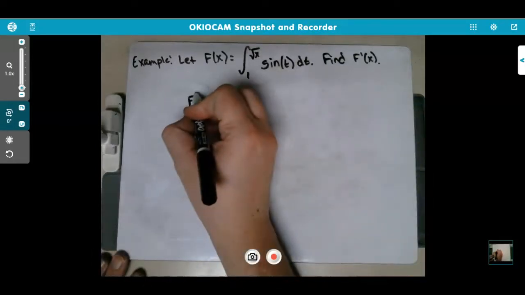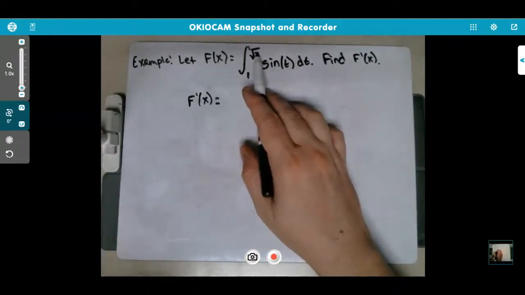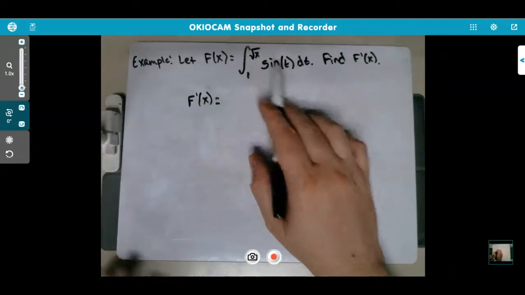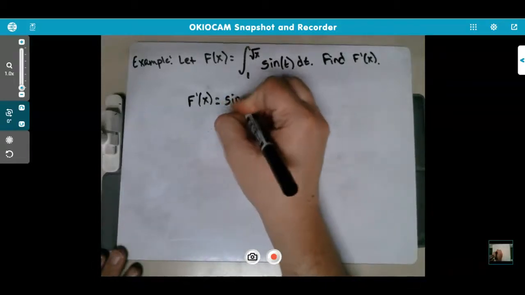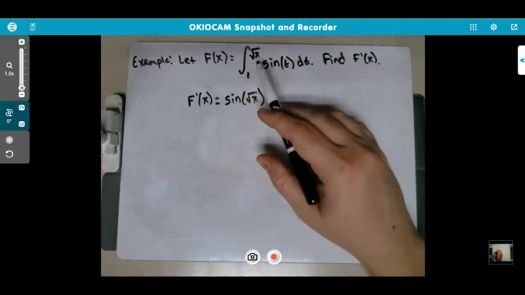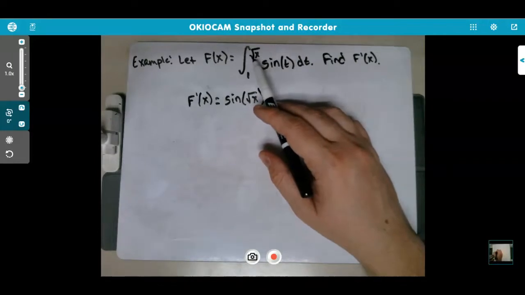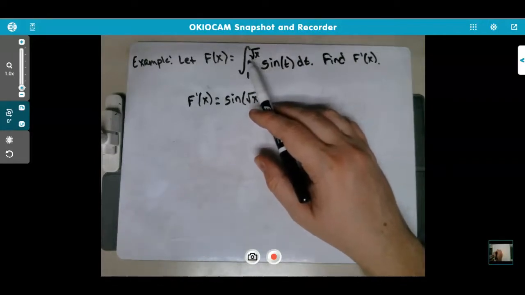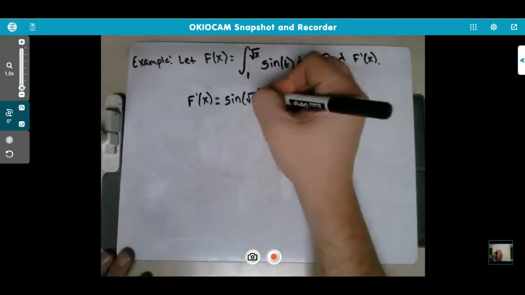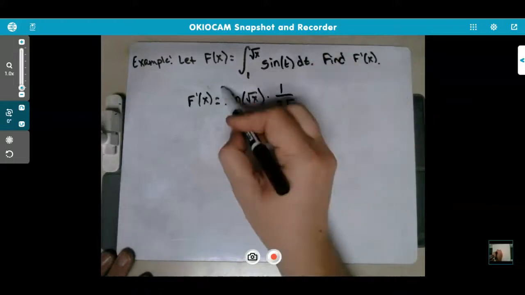So remember what the chain rule said was to keep this the same. So I would do sine of the square root of x. But because of the chain rule, I have to multiply that by the derivative of the square root of x, which is 1 over 2 square roots of x.